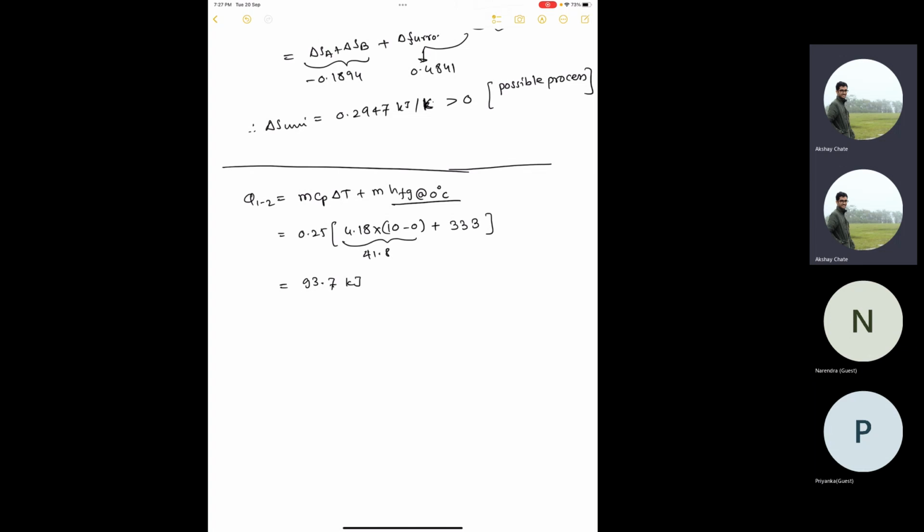I think that is a takeaway. And this is a tedious way of writing this Q12. It ought to be confusing, but anyway, you can do it this way: mCp delta T plus m Hfg at 0 degrees Celsius for ice and liquid water. So maybe this will clear the confusion.